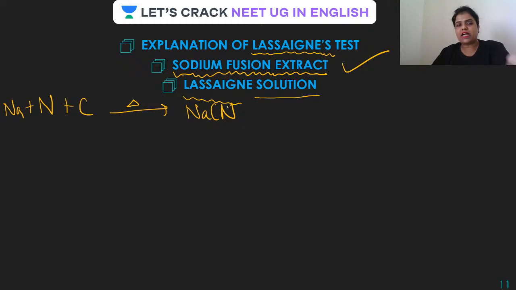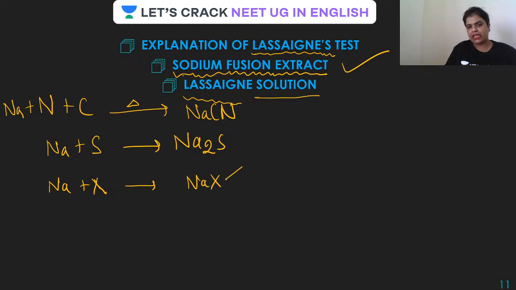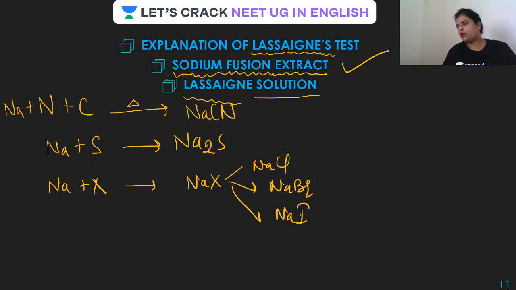That is the reason carbon and nitrogen, after heating together, form NaCN. And if the organic compound contains sulfur, it will make Na2S. And if the organic compound has X, where this X may be chlorine, bromine, or iodine, it will form NaX, which can be NaCl if chlorine is there, NaBr if bromine is there, or NaI if iodine is there.